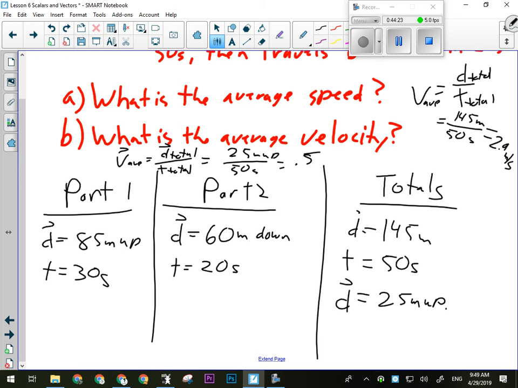We're looking at 0.5 meters per second up as our average velocity. How important is it to include the up on that answer? Yes, without it, it's wrong. Make sure you have it on there. Otherwise, it is a speed and not a velocity. Questions on how that one worked? Very often you get questions like that on quizzes.